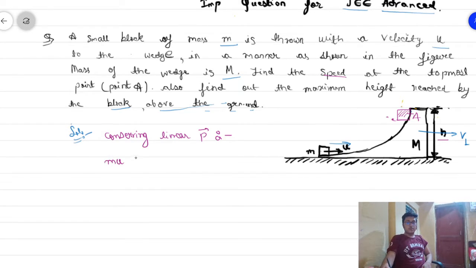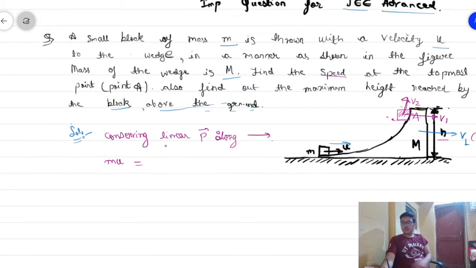Initial momentum is mu along the horizontal direction. mu equals to, since this has reached up to some height on the wedge, it imparts some velocity to the wedge, say v1, and in turn it gets a velocity v2 which is vertical, since this part of the wedge is vertical, and by the constraint relation, the velocity along the horizontal direction of the block is also v1.